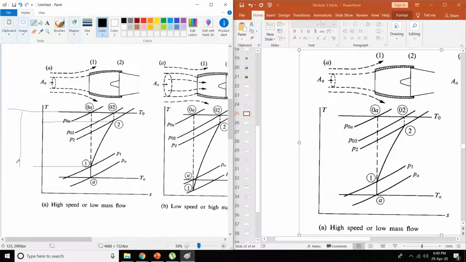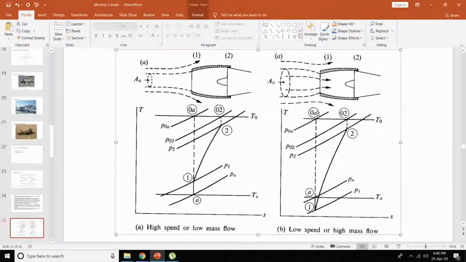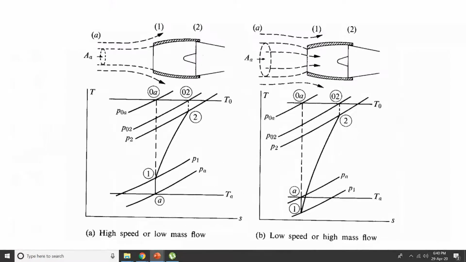So this is your actual work, and the other one is your total work. These two differences are what will define the isentropic efficiency. For now you remember that. Later on we'll see in the performance part how we'll make use of it. Hope you're clear with it so far.